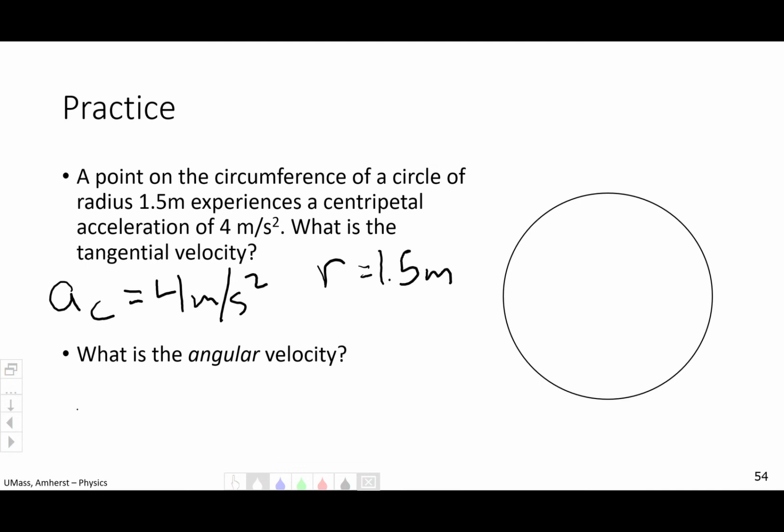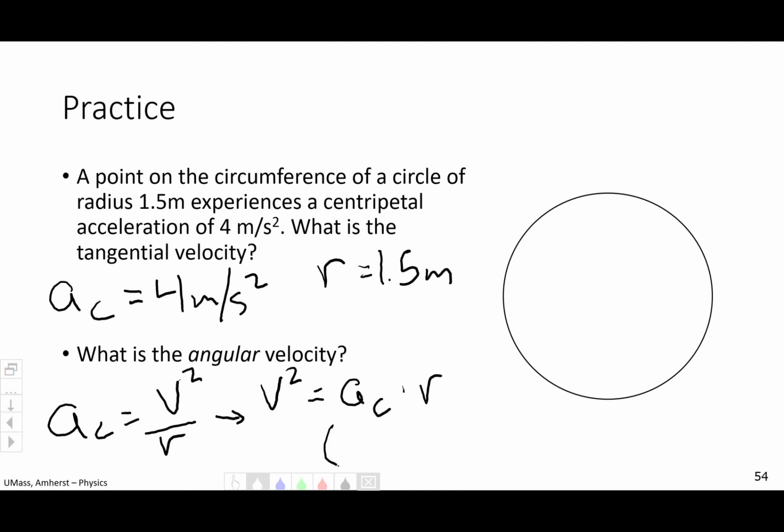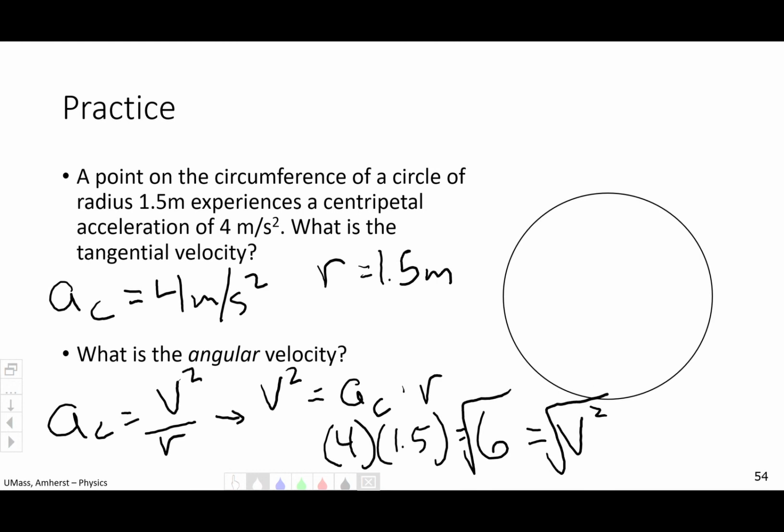So if we use AC equals V squared over R, that means that V squared equals AC times R, and in our case that's 4 times 1.5, giving us 6, and that equals V squared, so the velocity itself is the square root of 6, which is 2.45 meters per second.